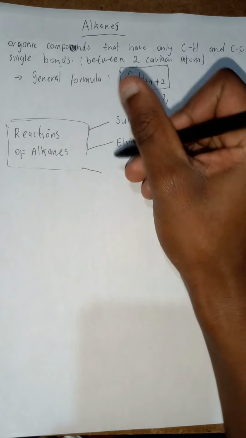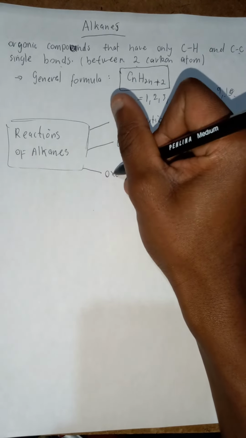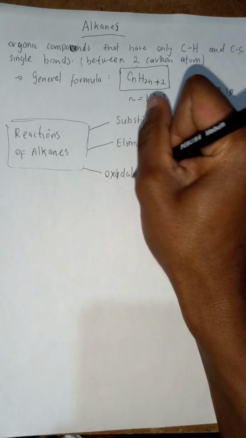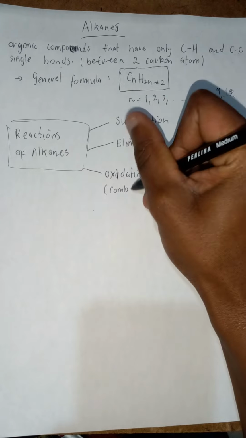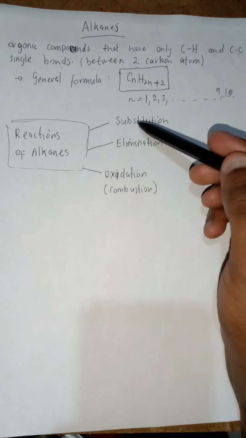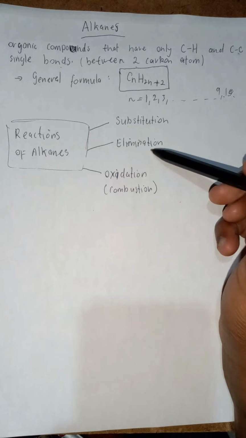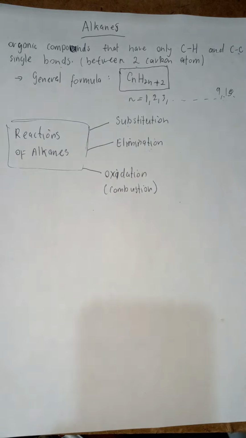And the last one, alkanes can also undergo oxidation, or rather it is mainly named combustion. So alkanes undergo substitution, elimination, or oxidation, or rather combustion.